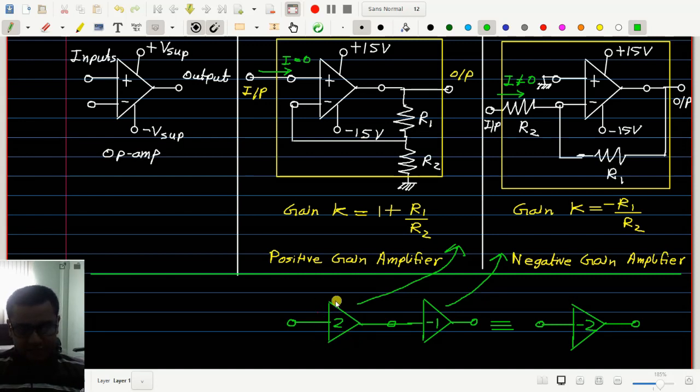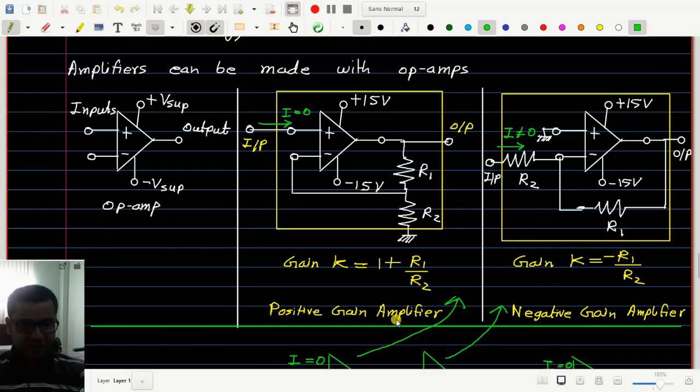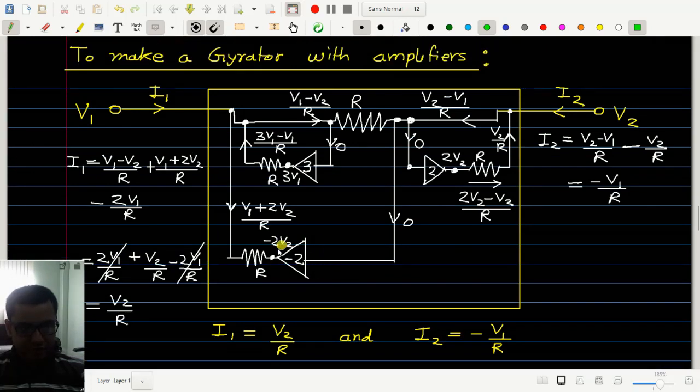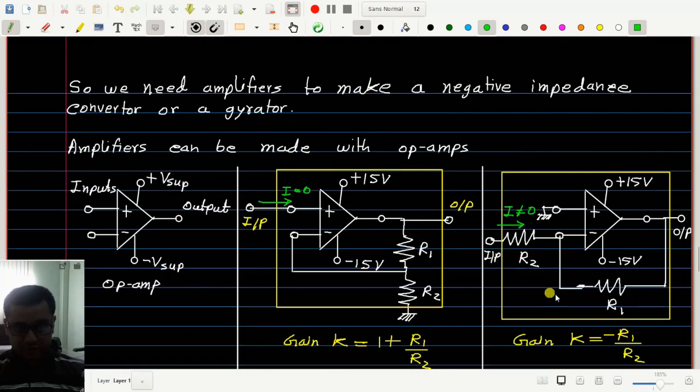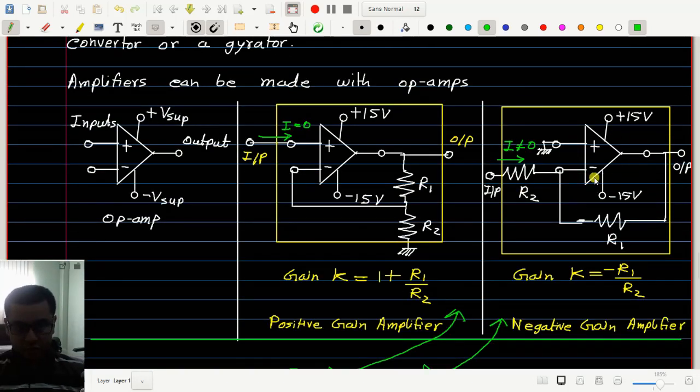However, since this amplifier, which is like this amplifier, does not take any current from the input, here this current I is equal to 0. Therefore, here also this current is 0. So we can use this cascaded combination in place of this amplifier. We should not use this structure alone, because then it will draw current.